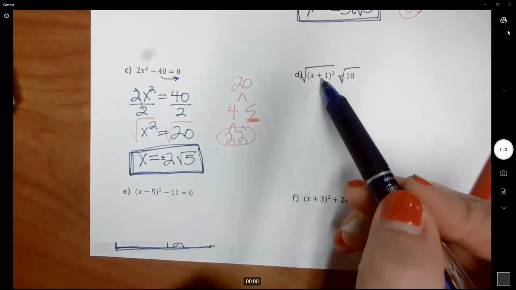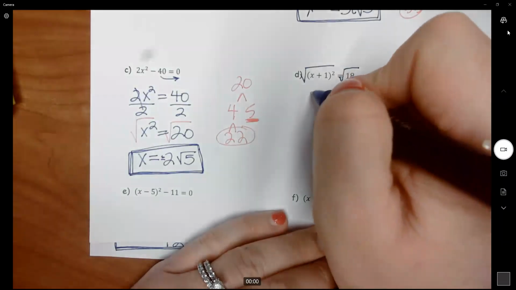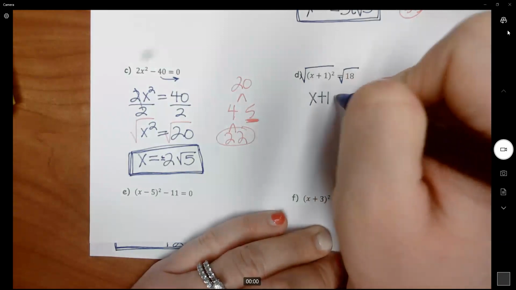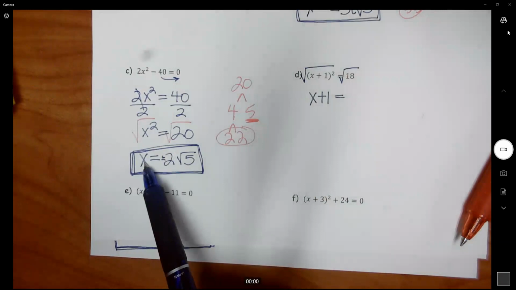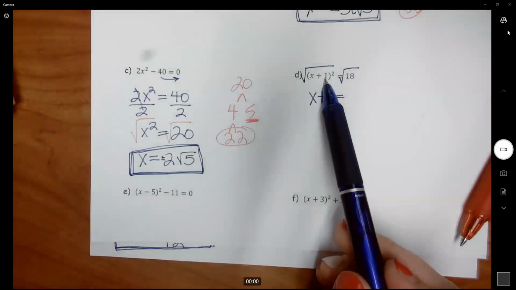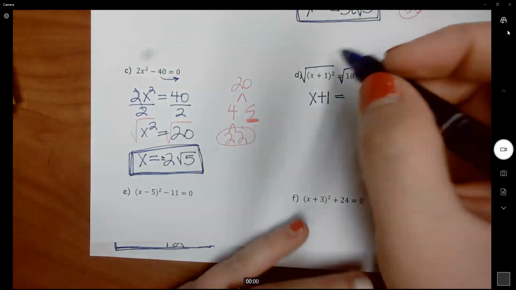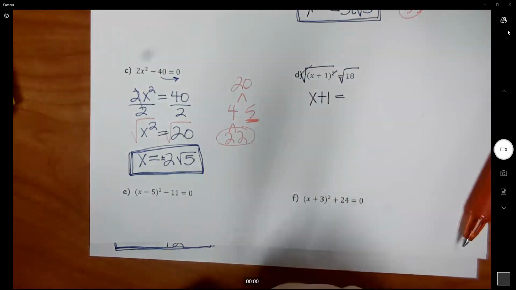The square root of x plus 1 quantity squared is x plus 1, just like here, the square root of x squared is x. It's what's getting squared. X plus 1 is being squared, and so that square root and squared cancel, and you're left with x plus 1.